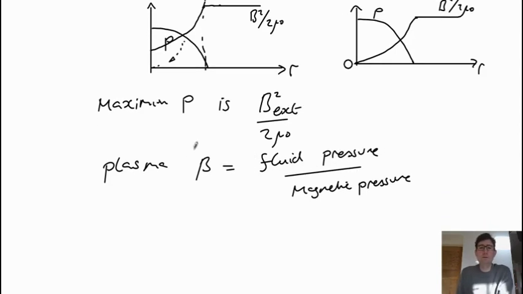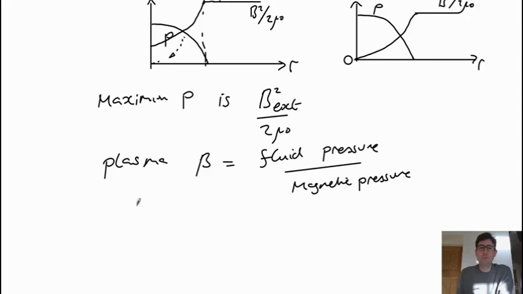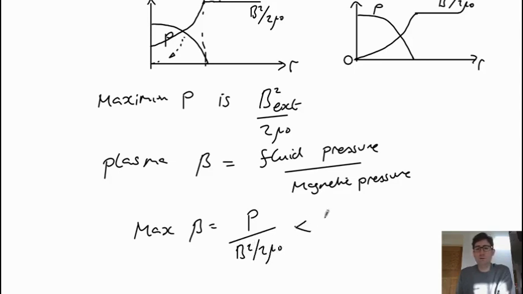And so ideally you want this beta as high as possible, so that you get the maximum fluid pressure for the smallest magnetic pressure. And in this case, the maximum beta, this P divided by B squared over 2 mu naught, must be less than 1, because you can't reduce the magnetic pressure to less than 0.